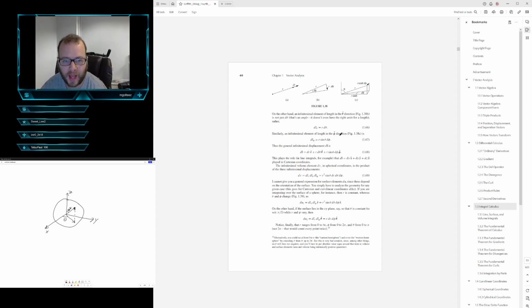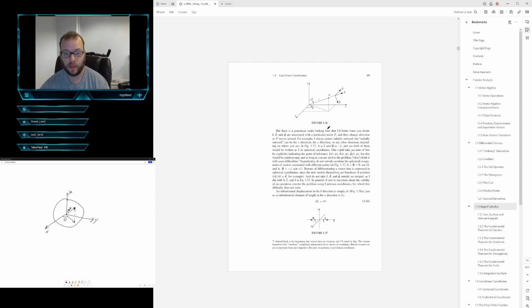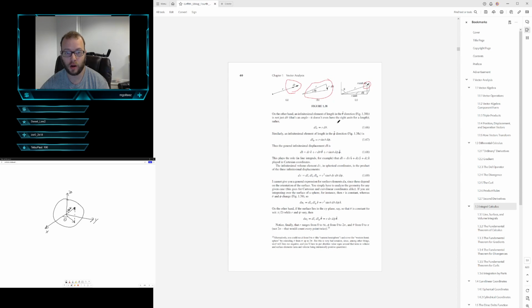And finally, we have our infinitesimal displacements. We can have a change in r, a change in theta, or a change in phi. If we are only changing in one direction, then dl along r is just dr. There's nothing else to it.